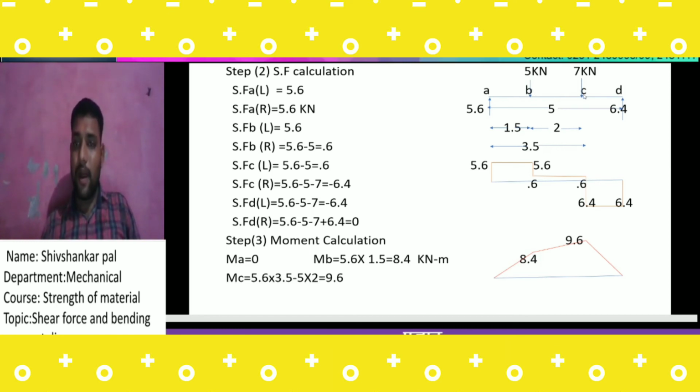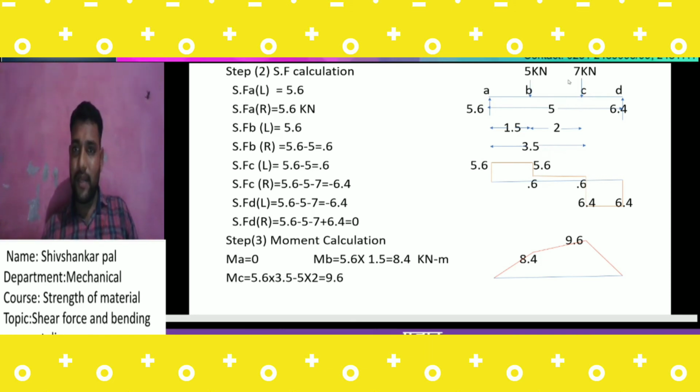The moment about point C. In the figure you have two loadings, one at point A and the second at point B. So at point C, two forces produce a moment. The moment about point C due to the 5.6 load: force is 5.6, and the perpendicular distance from point C is 3.5.